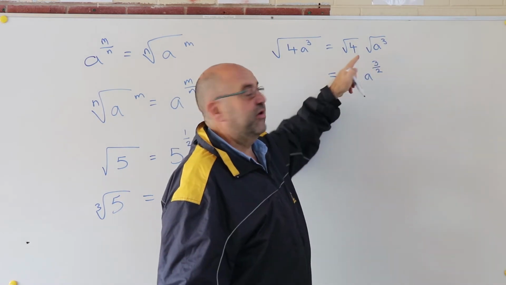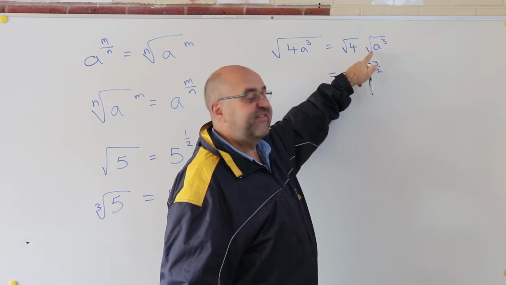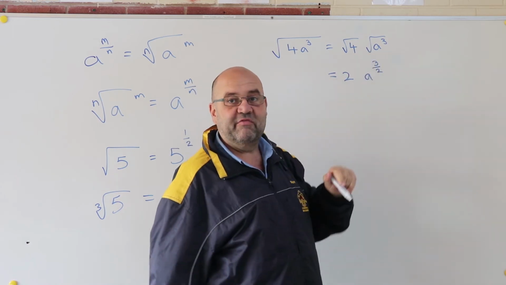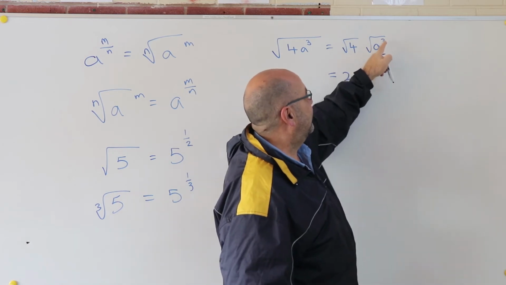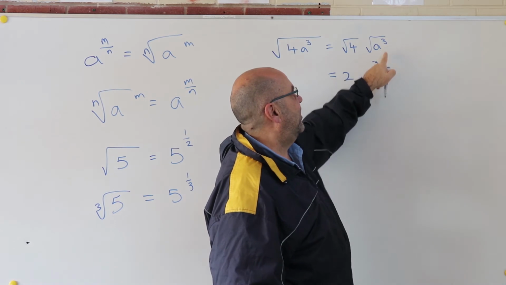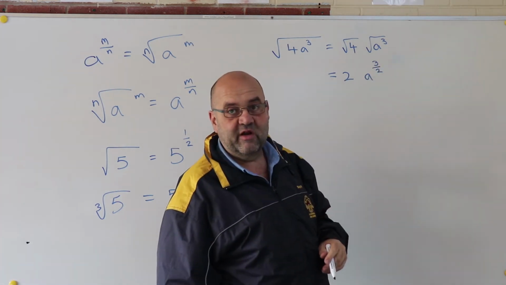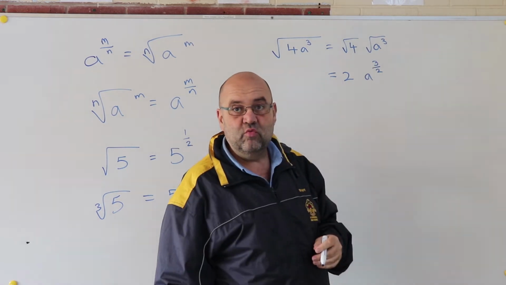The square root of 4 I can simplify. That's just 2. And the square root of a to the power of 3: the 2 means I've got a 2 in the denominator, the 3 means I've got a 3 in the numerator. So it ends up being a to the power of 3 on 2.